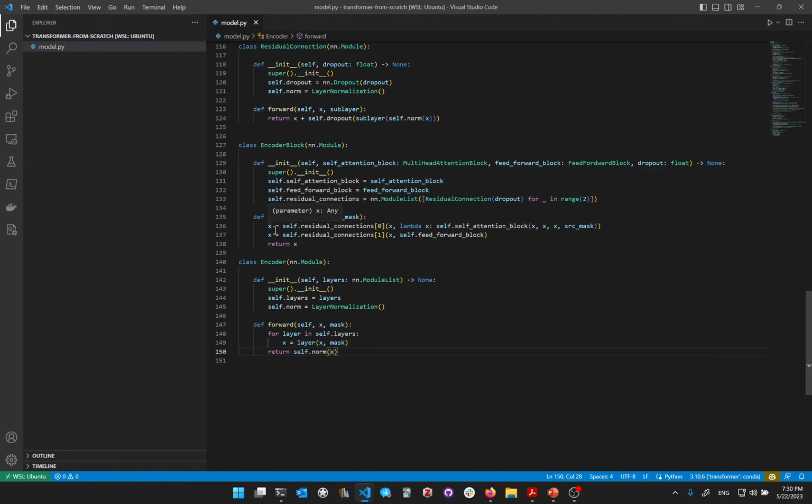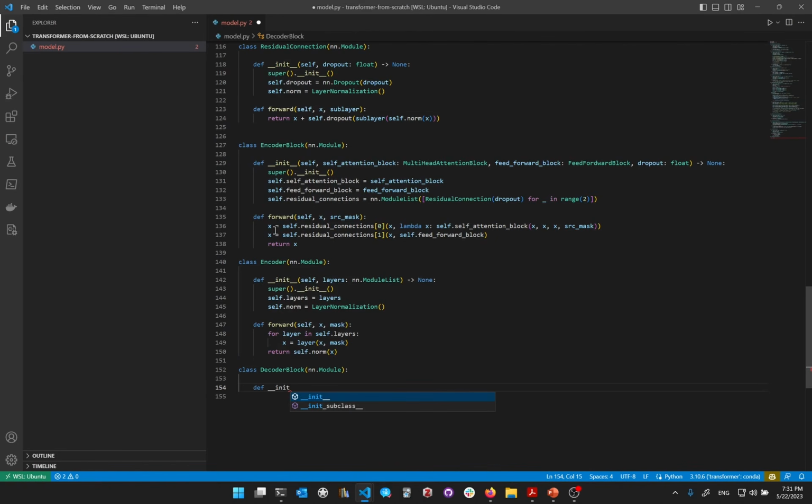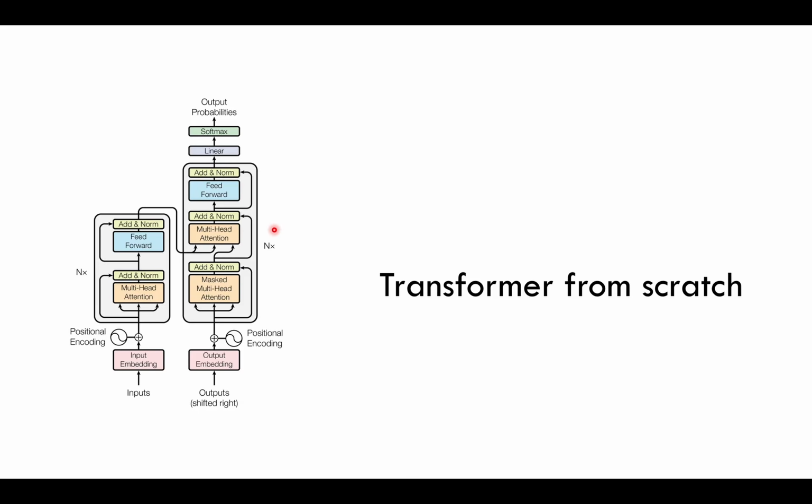Let's define first the decoder block. In the decoder, we have the self-attention, which is, let's go back. This is a self-attention because we have this input that is used 3 times in the masked multi-head attention.